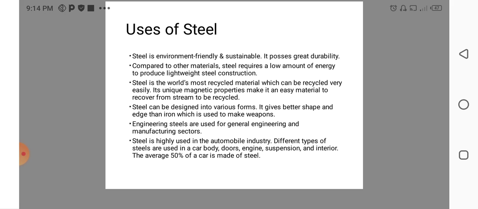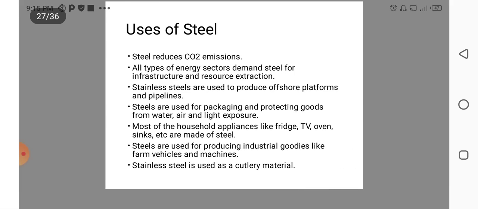Different types of steels are used in car body, doors, engine, suspension and interiors. On average, 50% of a car is made of steel. Steel reduces CO2 emission. All types of energy sectors demand steel for infrastructure and resource extraction. Stainless steel we are using in daily life as utensils and household appliances.